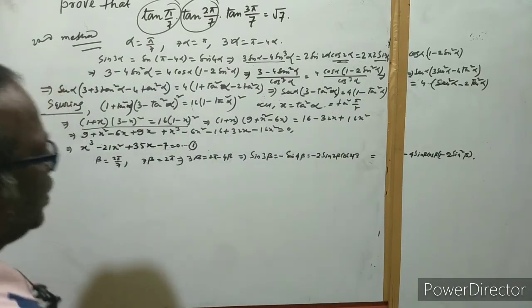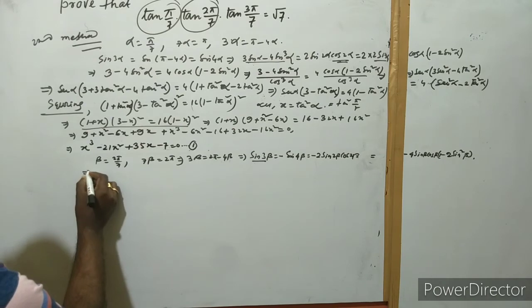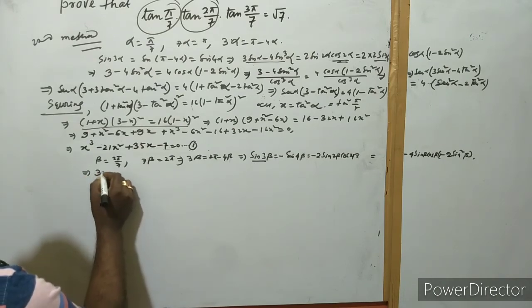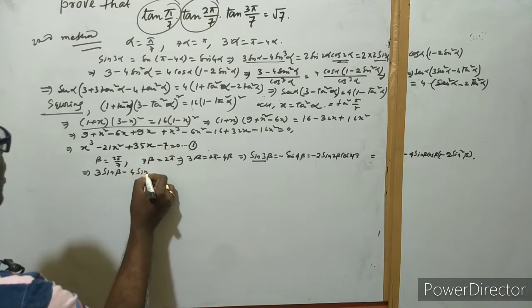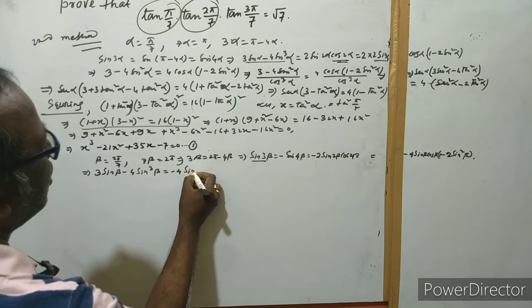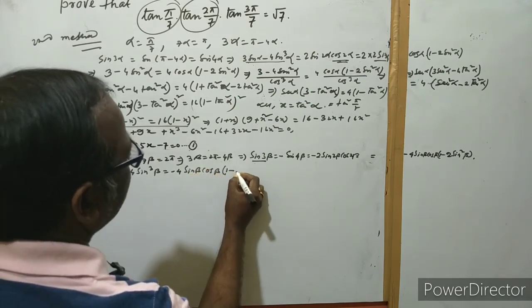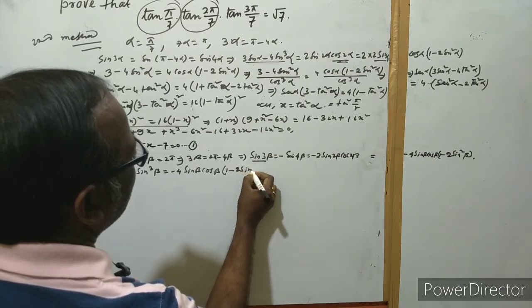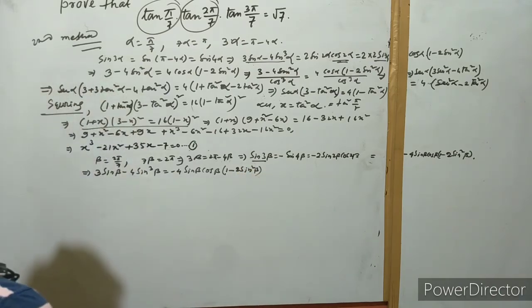Okay, if we expand this and the sine factors cancel, this is 3 sine beta minus 4 sine cube beta, and this is equal to minus 4 sine beta cos beta within the bracket 1 minus 2 sine square beta. So take sine beta in common, and this sine beta cancels.